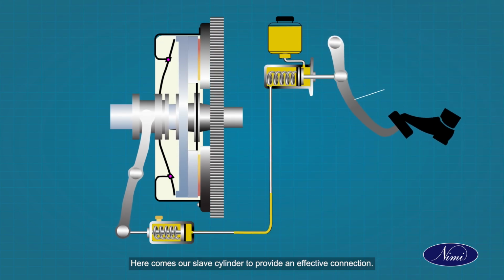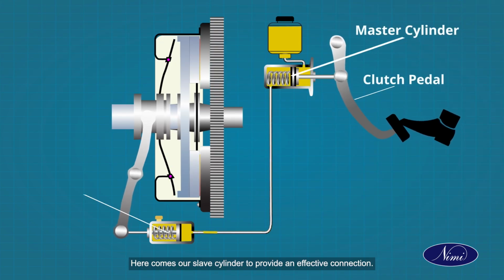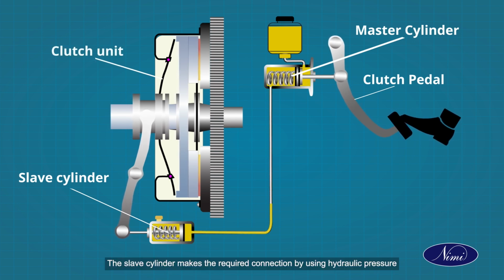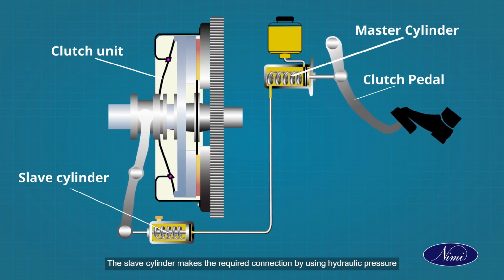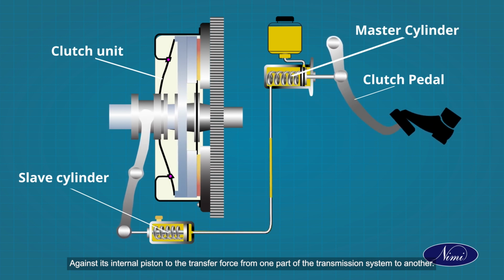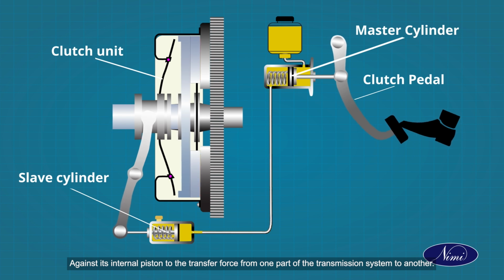Here comes our slave cylinder to provide an effective connection. The slave cylinder makes the required connection by using hydraulic pressure against its internal piston to transfer force from one part of the transmission system to another.